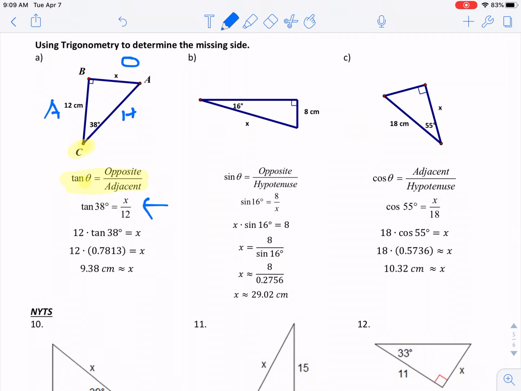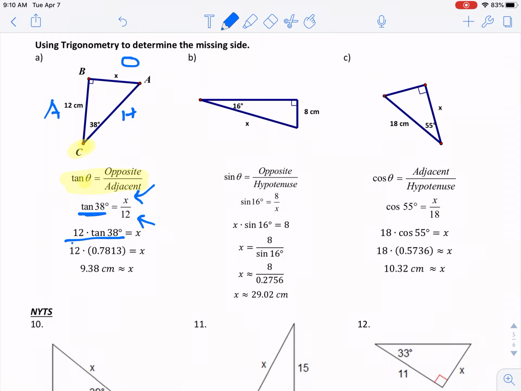Notice the 38 goes on this side with tangent, and 12 goes on the bottom because it's adjacent, and the unknown is the opposite, so it's on top. All right. Now we want to get x by itself, so we multiply by 12 on both sides. Multiplying by 12. And then we can just type it into our calculator.